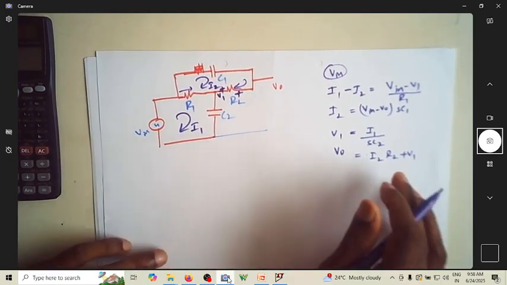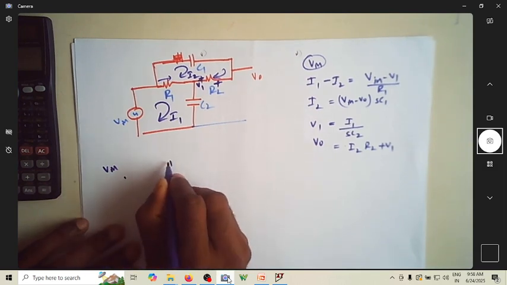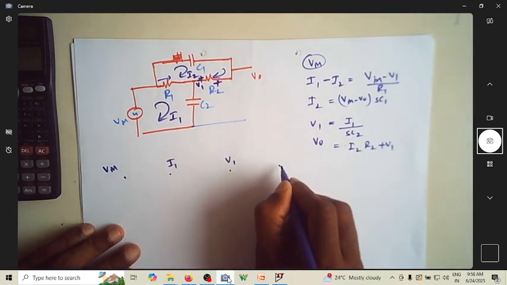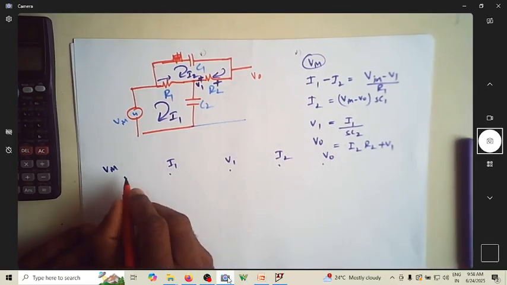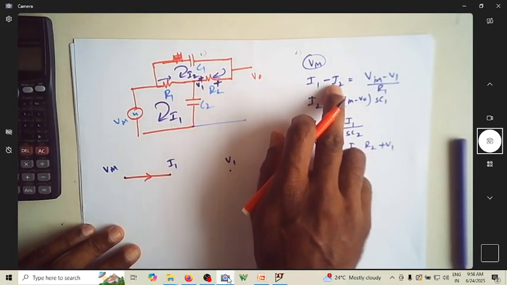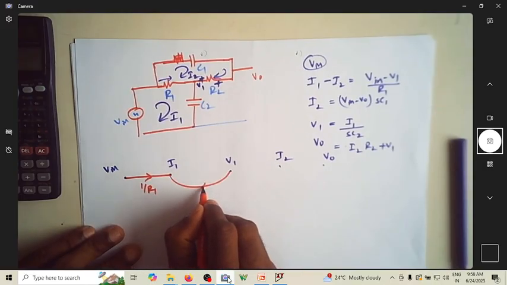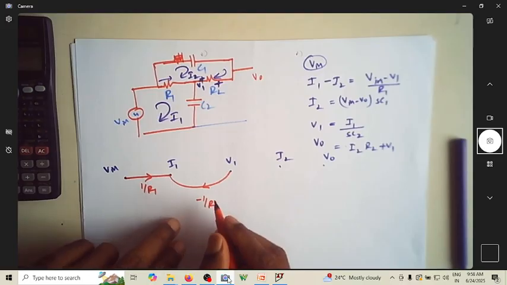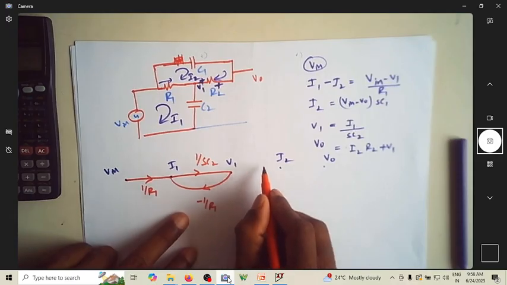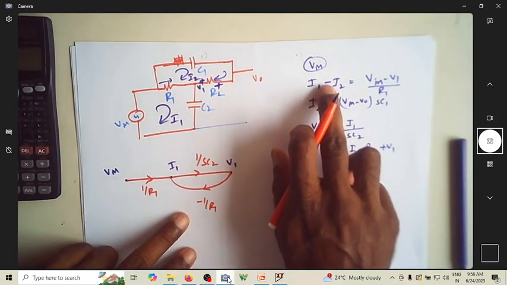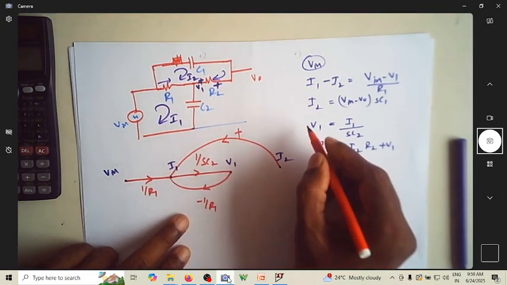this voltage is V1. So if you write the signal flow graph of this: V in, I1, V1, I2, V0. Using this equation, it is minus 1 over R1, this is 1 over SC2. There is an I2 coming from here. This is plus 1.